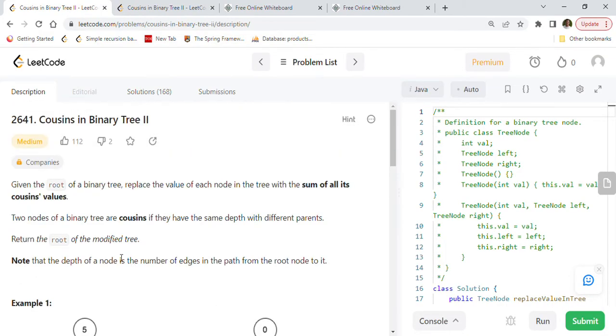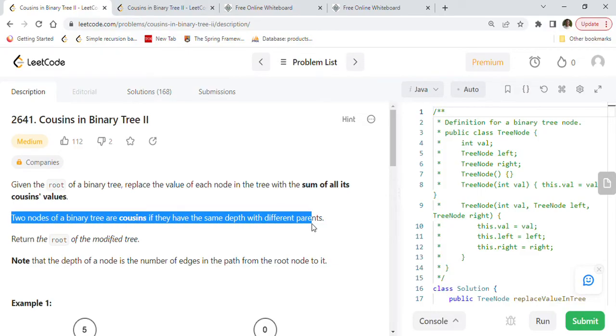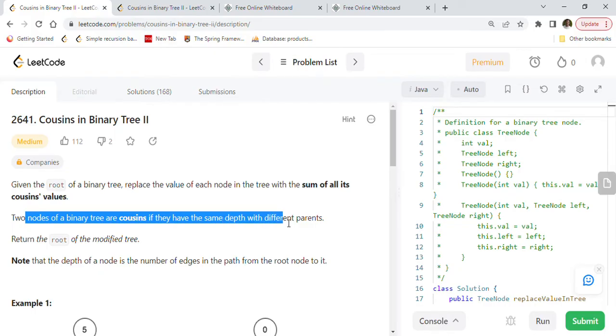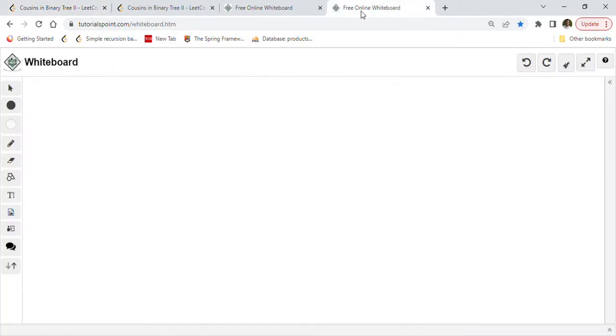The important thing to understand here is what the cousins in a binary tree are. Two nodes of a binary tree are cousins if they have the same depth with different parents. So let's understand this first so that it will be clear for you.